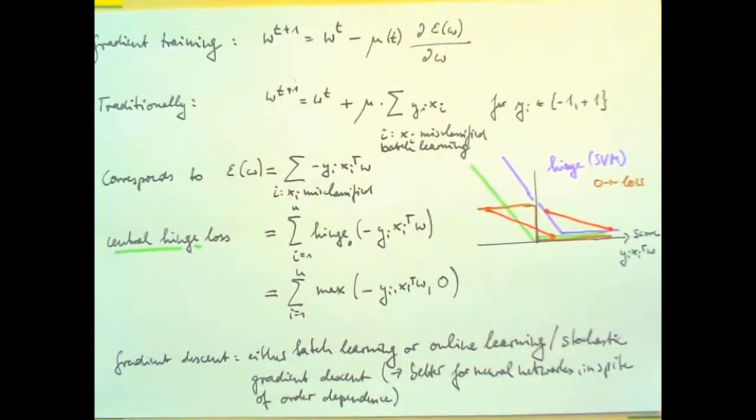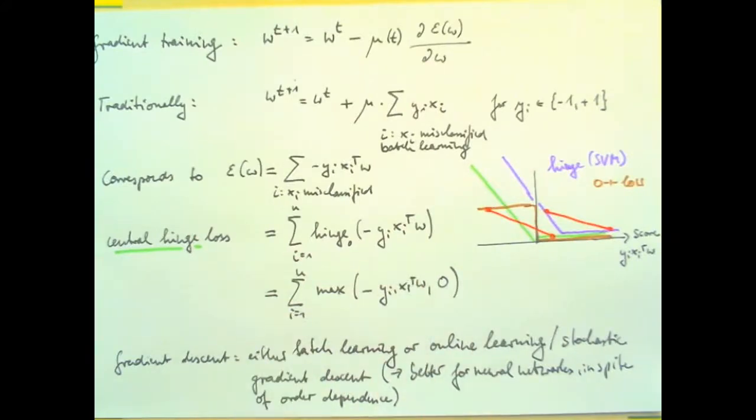So the hinge loss gives you a convex error surface. And that means up to the ambiguity of the minimum, there will only be one minimum energy region. And that you will certainly find no matter if you do batch or online learning.